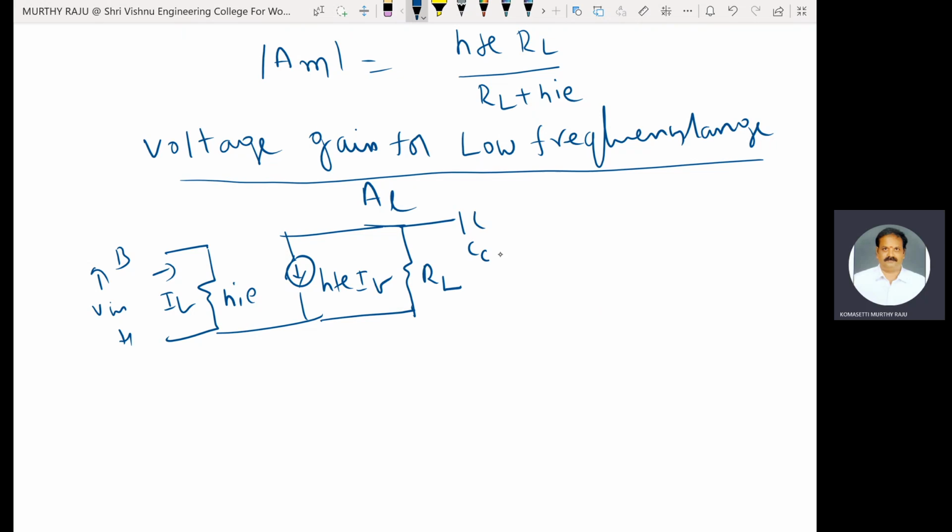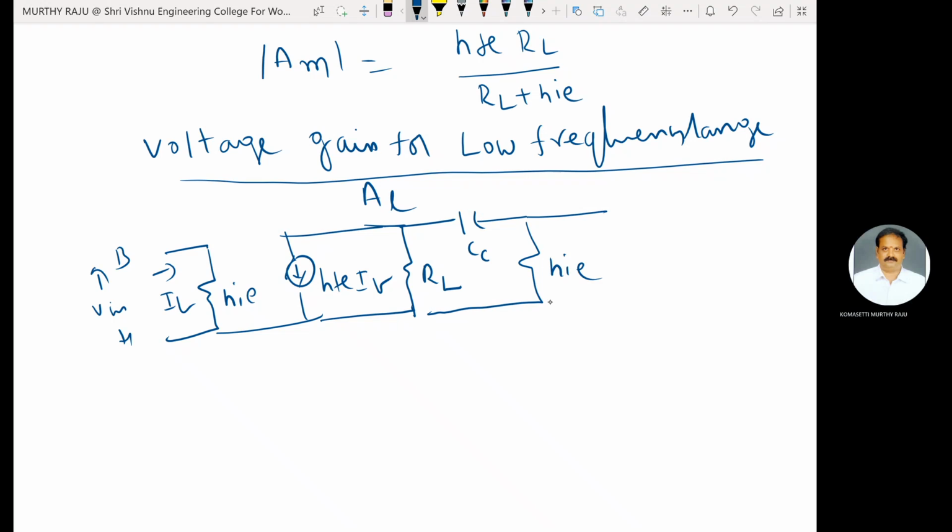The coupling capacitor CC is included, and the shunt capacitor effects are negligible at low frequency range. This one is HIE. This one is V out.